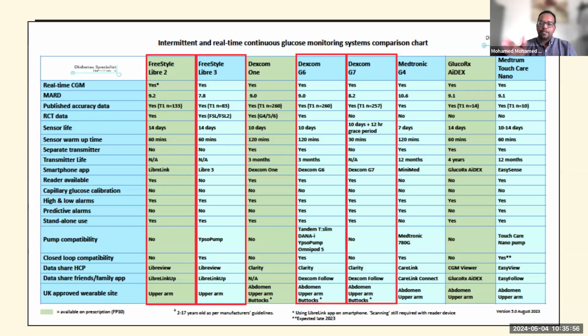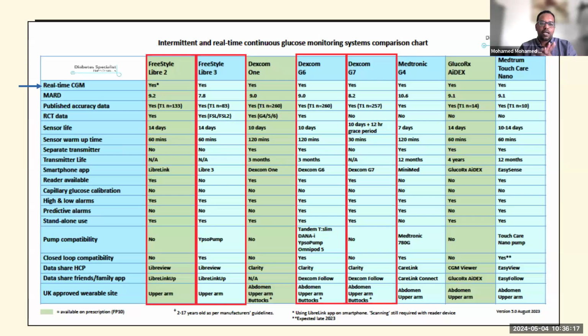Now, with these options, which sensor for which patient? So, how to choose the appropriate sensor for my patient. On the left-hand side, you can see a different range of criteria and features, but I'll just highlight the most important ones that help us to choose which sensor for which patient.